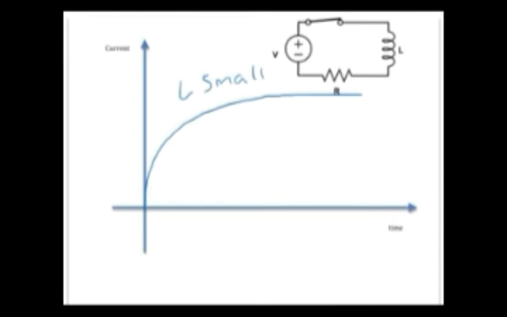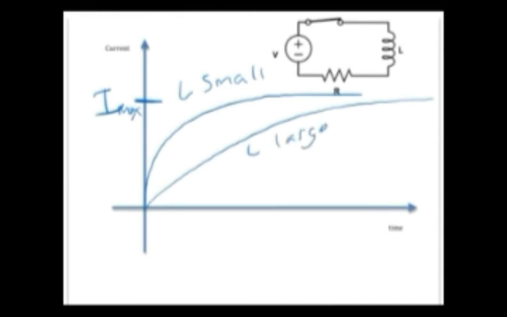If the inductance is large, then we'll get a slower increase, which might look like this, where this asymptote is I maximum. The reason you get a slower change with a larger inductance is because it chokes out any changes in current, and that's why people call this a choke in electrical engineering.